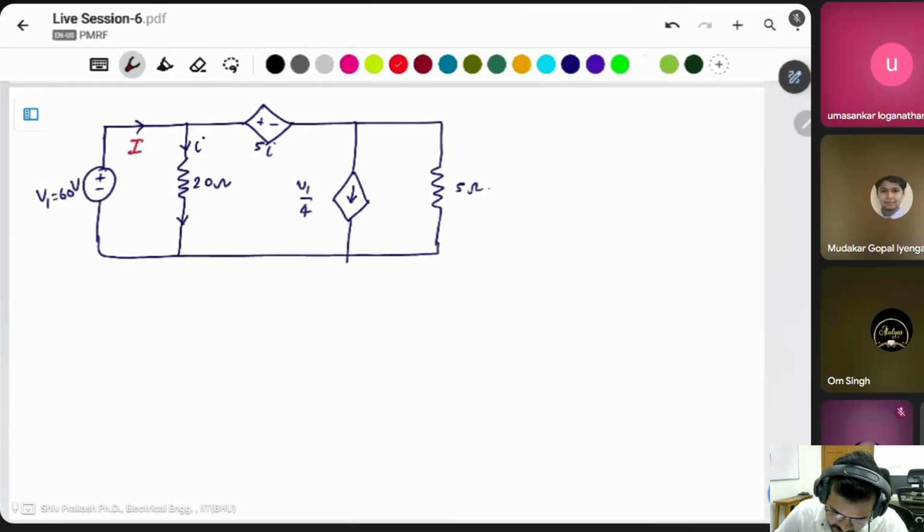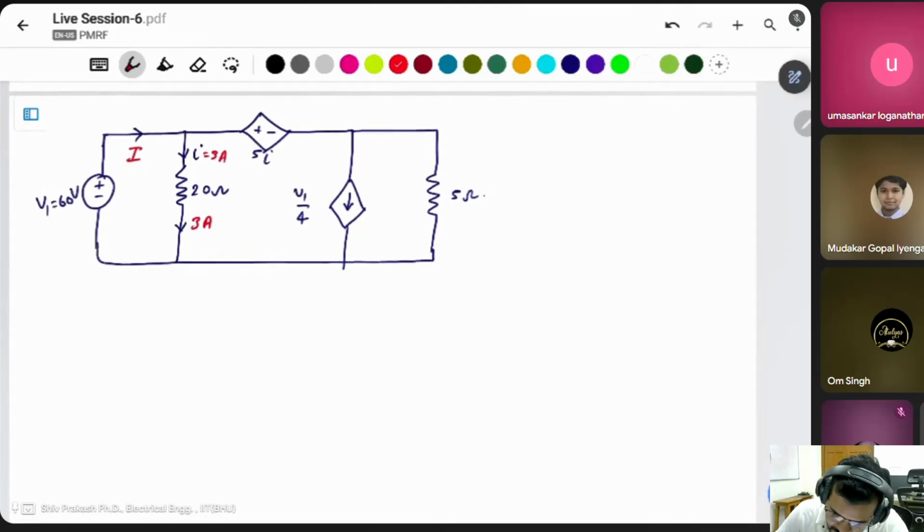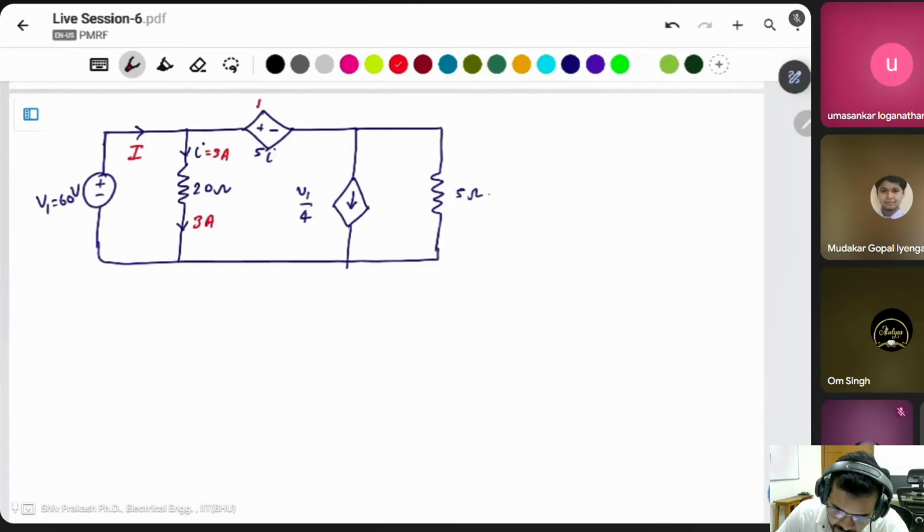It is directly connected, then 60 divided by 20, it will be 3 ampere. I is equal to 3 ampere. Then what is this voltage? 5 into I, it will be 15 volt, because I is equal to 3. V1 is 60, 60 divided by 4, it will be 15 ampere.